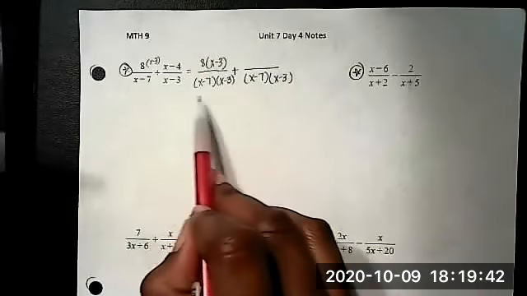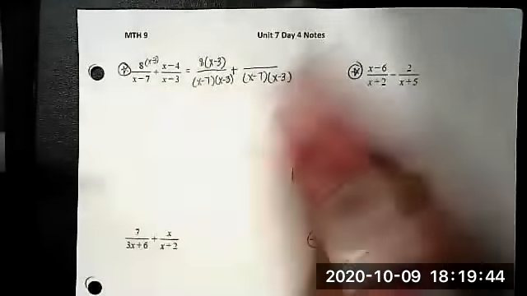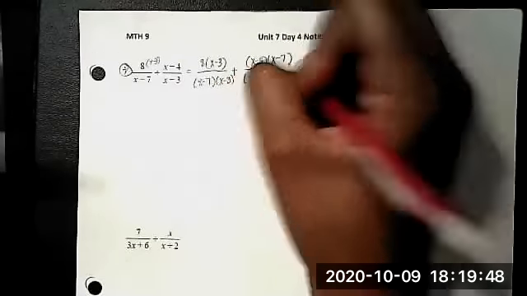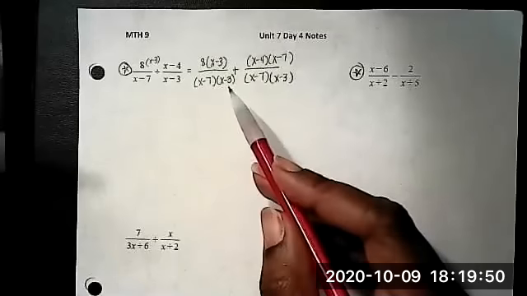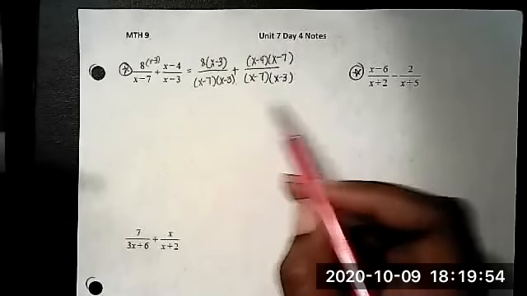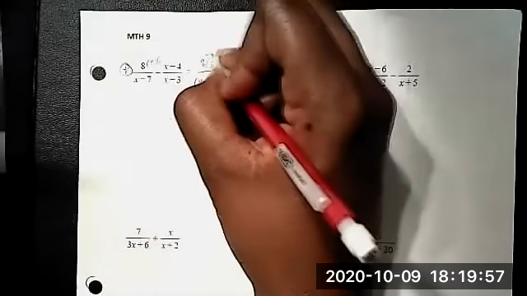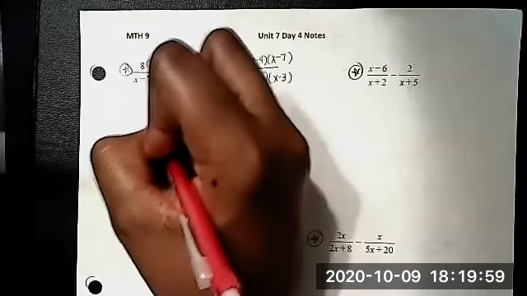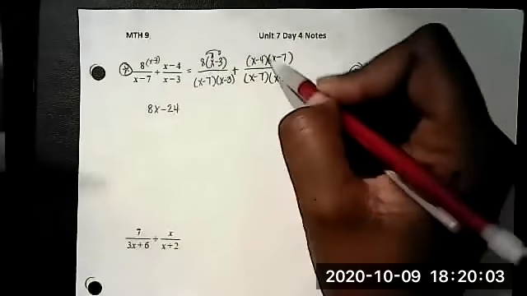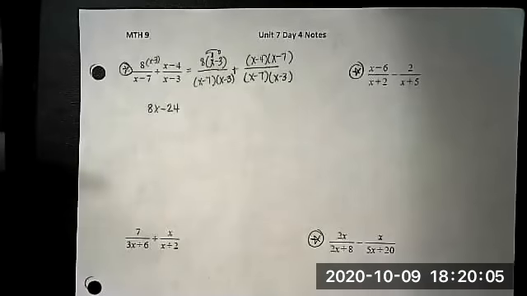What did I add from here to here? It looks like I add the x minus 7. So up here it's going to be x minus 4 and then x minus 7 right next to it. Now they have the common denominators. We're going to put them together. So this top one, distribute. This becomes 8x minus 24. And this, you're going to have to FOIL it, meaning you're going to have to multiply them.